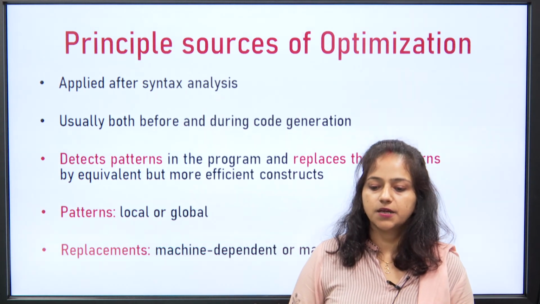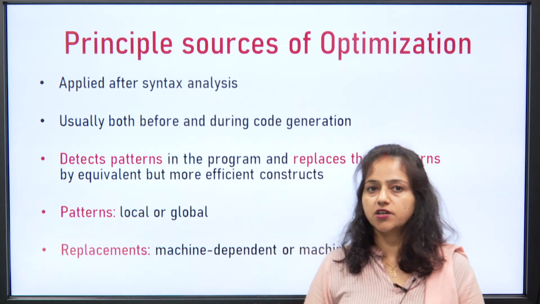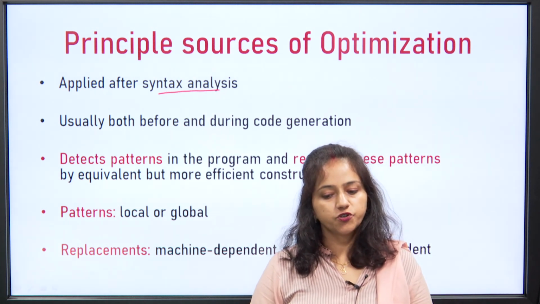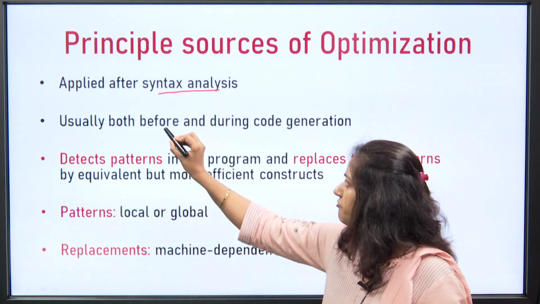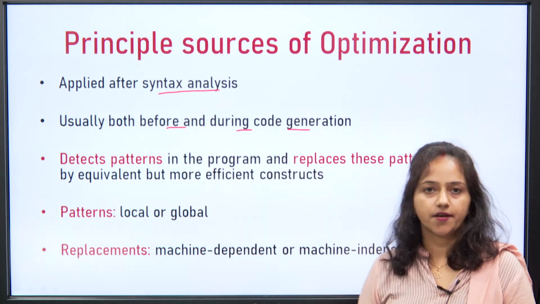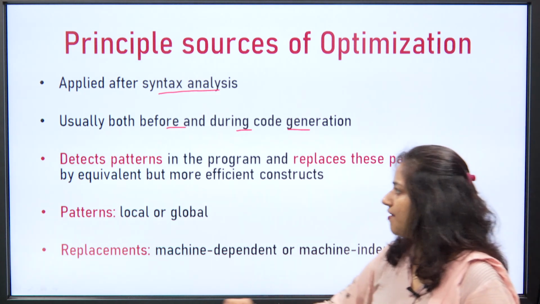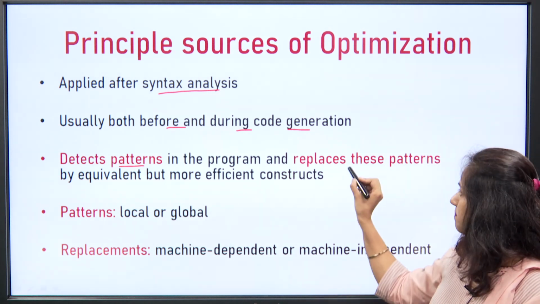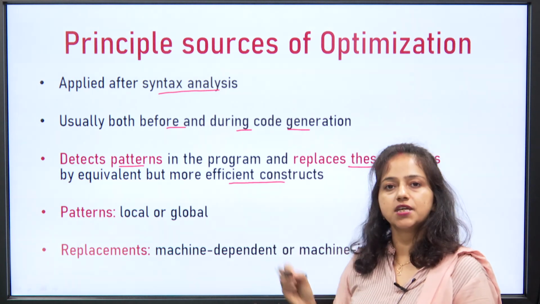Now there are certain principal sources of optimization. Optimization is performed after the syntax analysis, usually at both stages, before or during code generation. So how to do the code optimization? First we detect the patterns in the program, then replace these patterns with equivalent and more efficient constructs.